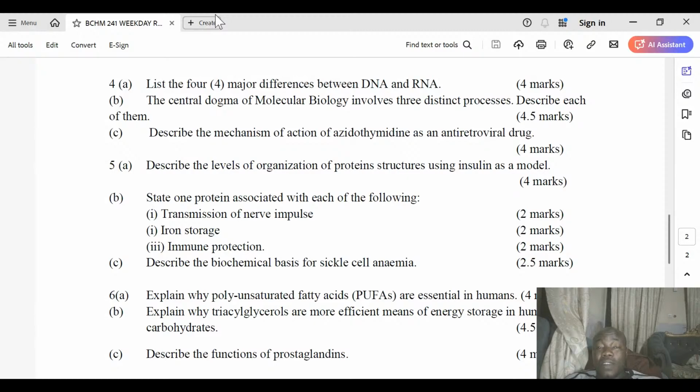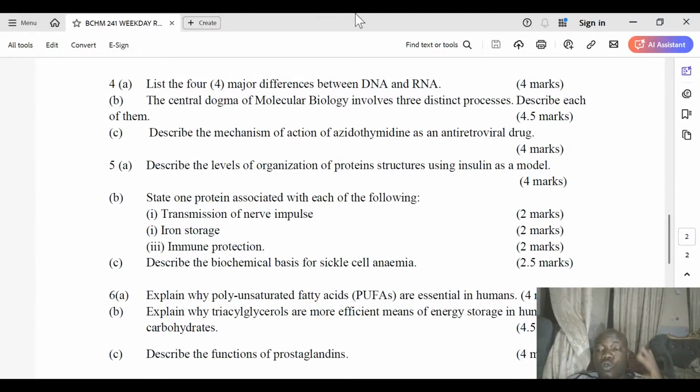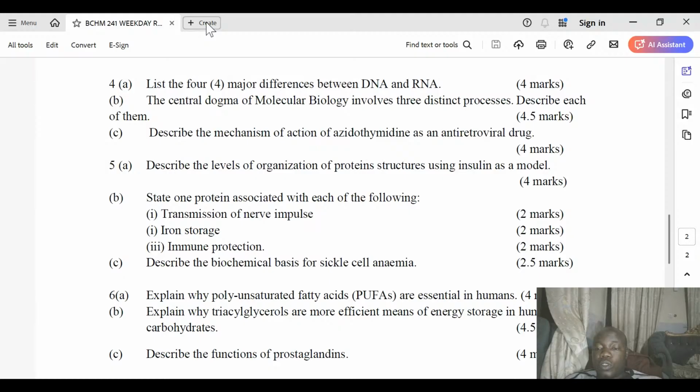So it is one of the functions of prostaglandins. Then which other function? So one, it causes uterine contraction. Two, it causes pain. And then third, it helps in menstruation. It causes inflammation and also protects the mucosal lining of the stomach.